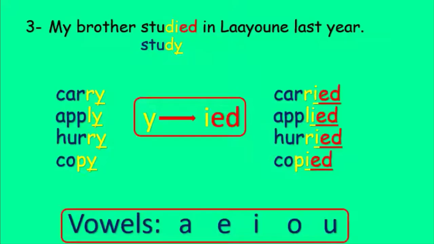Apply, applied. Harry, harried. Copy, copied. The letters here before the y are R in carry, L in apply, R in Harry, and P in copy. That's why we change the y to i and we add ed to make the past.